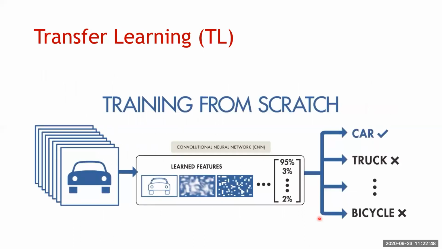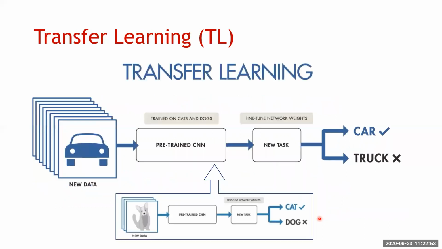So training from scratch is the old way. It takes a long time, a lot of computational power, and a lot of data. You use your pre-trained network to begin with in transfer learning. As I mentioned, you can use cats and dogs, and you think, well, how is that similar at all? And it's actually very similar, because if you think about it, an image is an image, and how a model has been trained to differentiate between a cat and a dog is something to do with, say, size, edges, kind of features, something like that, which is kind of the same as a car or a truck, right?